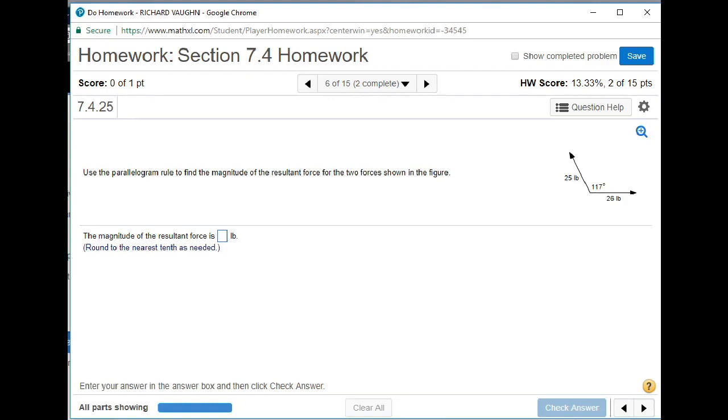All right, so with the calculator, 25 squared plus 26 squared is 1,301, minus 2 times 25, which is 50, times 26 times the cosine of 63 degrees. And that turns out to be 590.187.